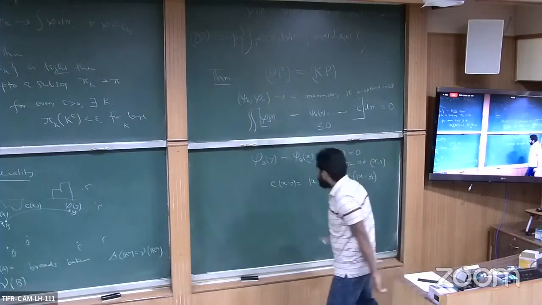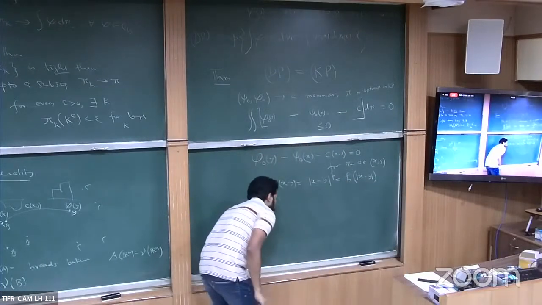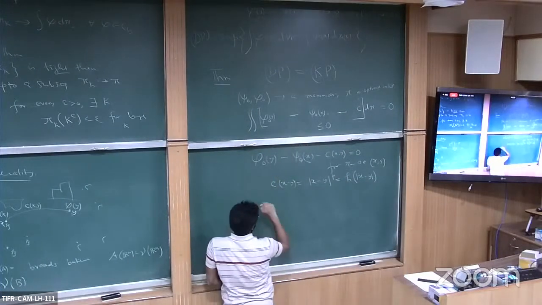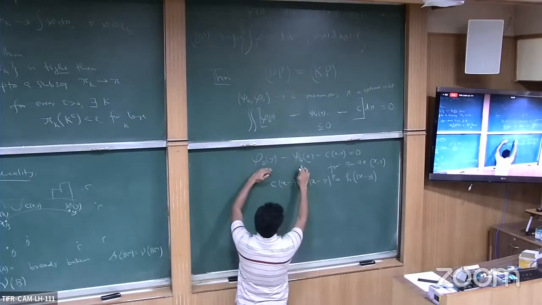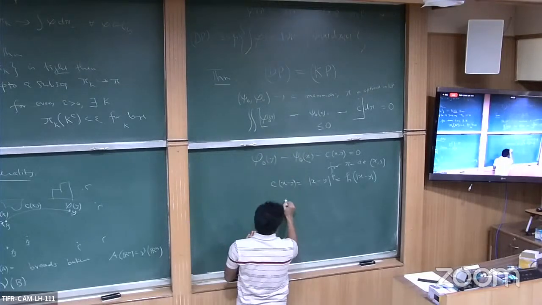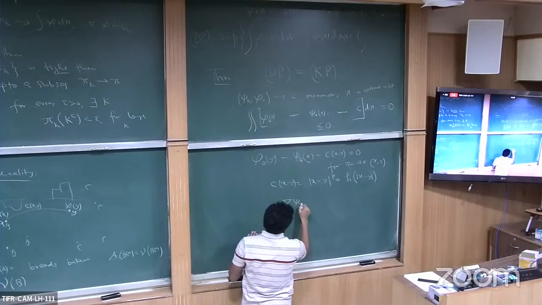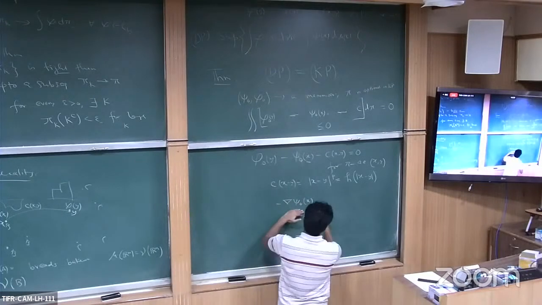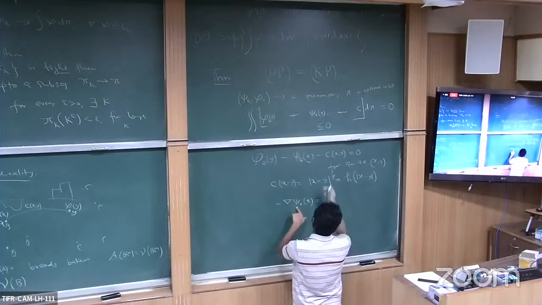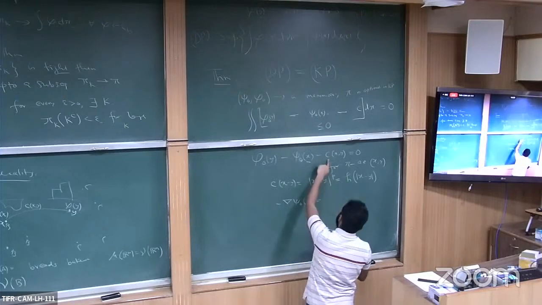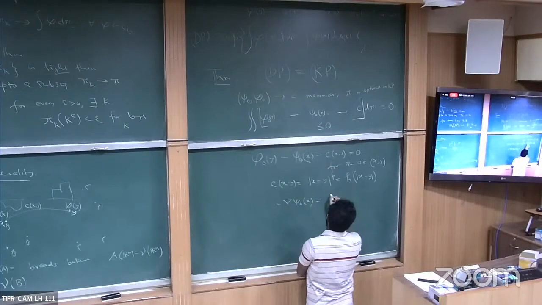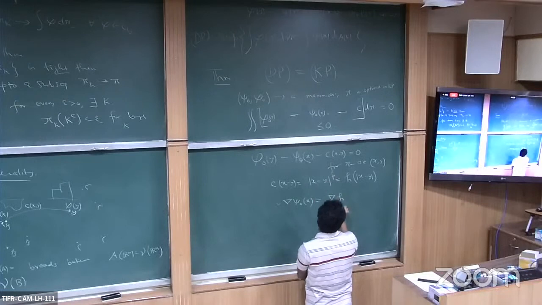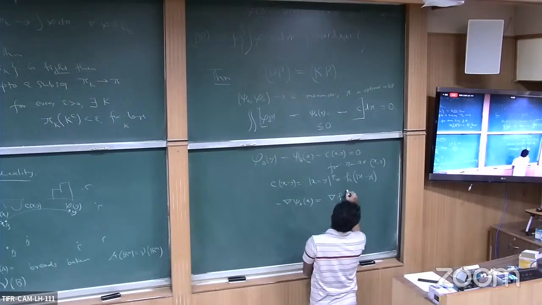I don't know whether we can do that, so just formally differentiate this with respect to x. Then from here, I will get minus gradient of psi naught x. Of course, I don't know whether psi naught is actually differentiable or not. This one is smooth. Okay, so I have gradient h of mod x minus y.